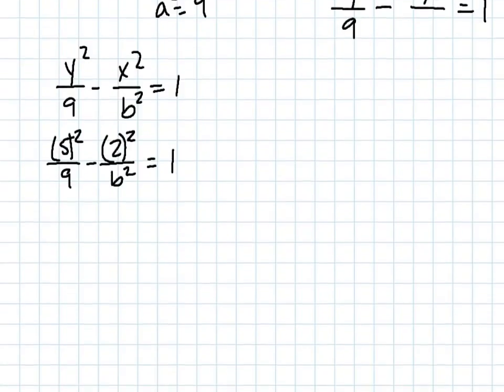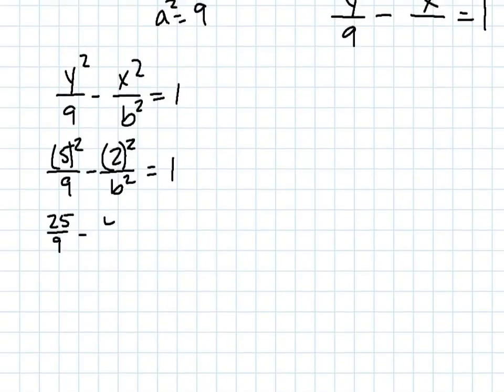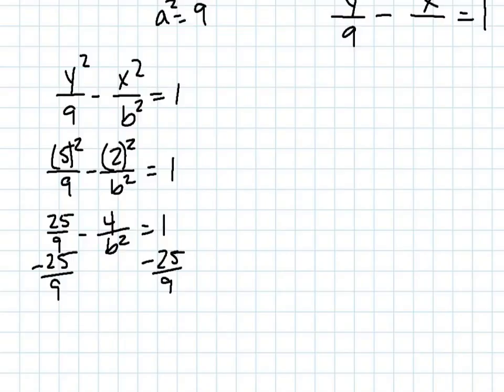That gives me 25 over 9 minus 4 over b squared equals 1. I'm going to subtract 25 over 9 from both sides. Remember I need a common denominator, so 1 is 9 over 9. So negative 4 over b squared equals 9 minus 25, which is negative 16 ninths.